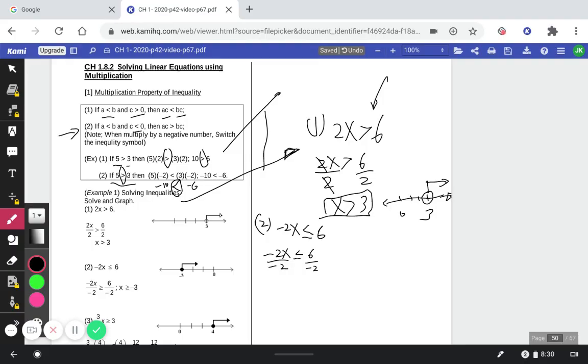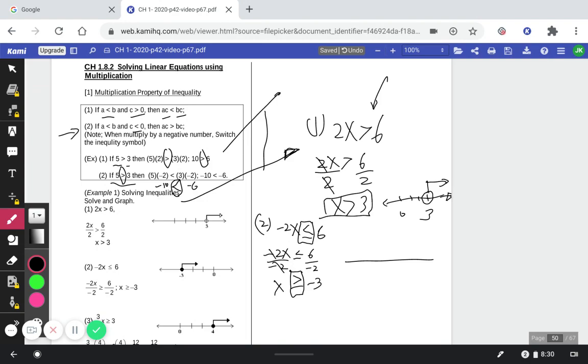So instead of less than or equal to, it becomes greater than or equal to. Negative 2 and negative 2 cancel out. You have x is greater than or equal to negative 3. So the sign changes because you are multiplying or dividing by a negative.